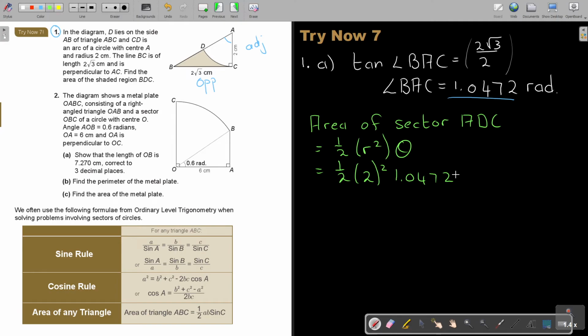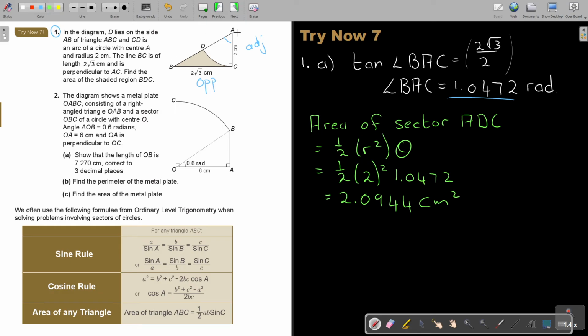So I take my calculator, and I press 0.5 times 2 times 2, which is 4, and multiply 1.0472 equals, oh, sorry. My calculator just got stuck. Okay, this is better. So I get 2.0944, say it's centimeters squared, because that is in centimeter.